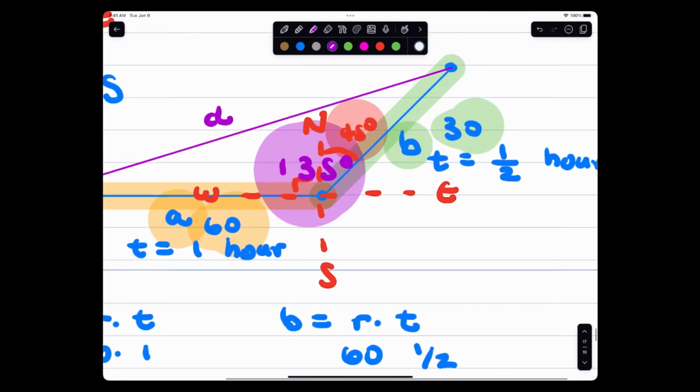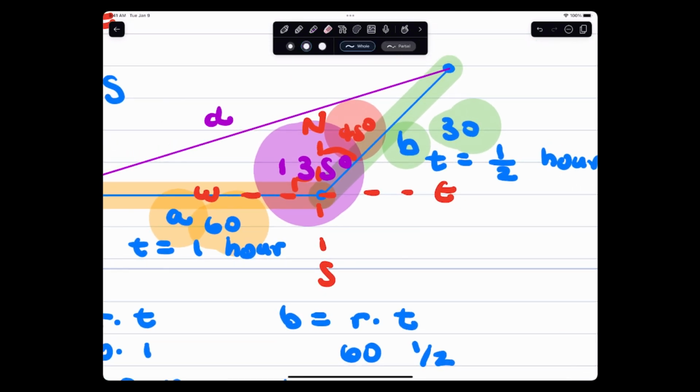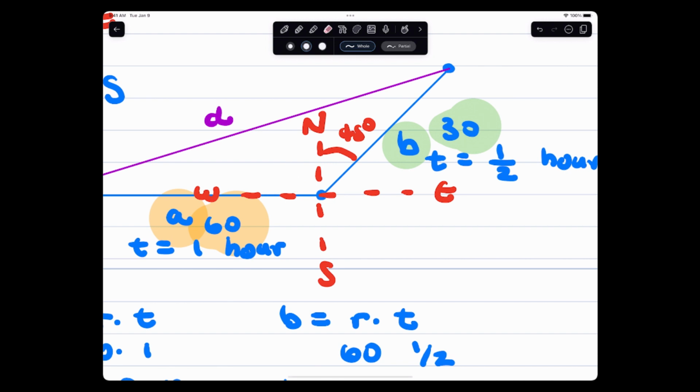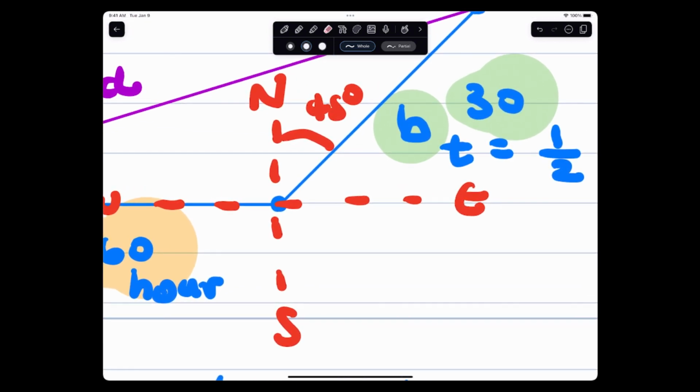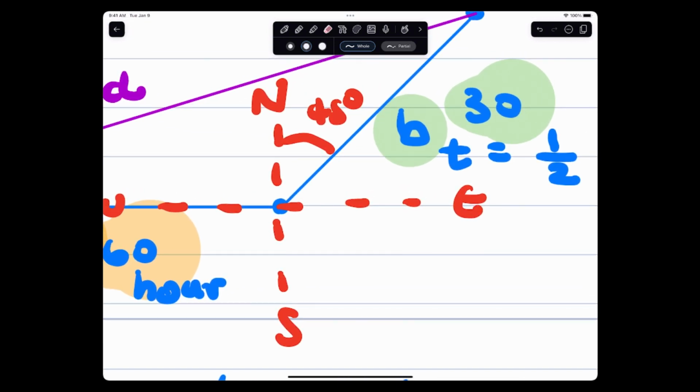How do we get this? See if I could go back and erase this. For the compass, for the direction northeast, we didn't define it for you, like saying due east. Northeast is that 45-degree angle.